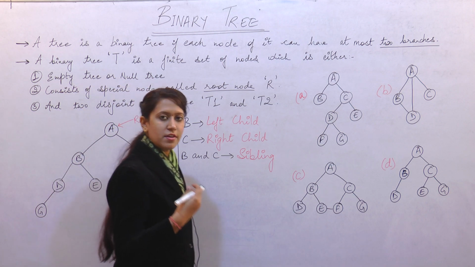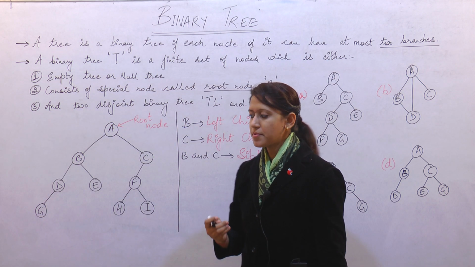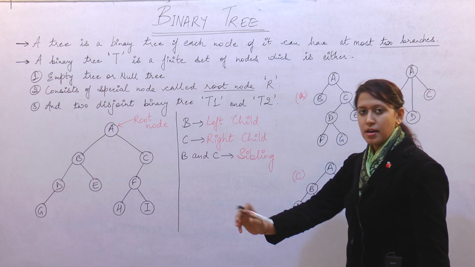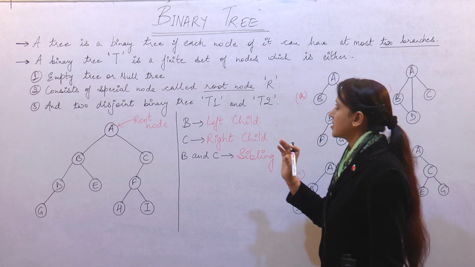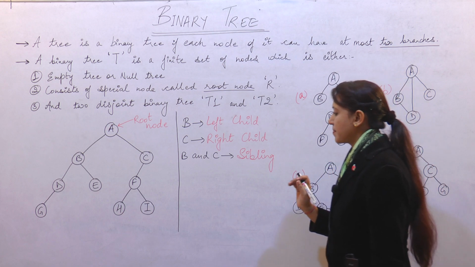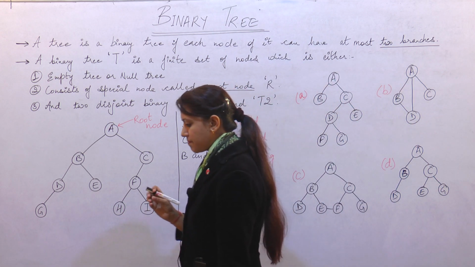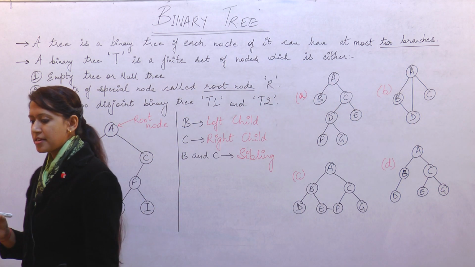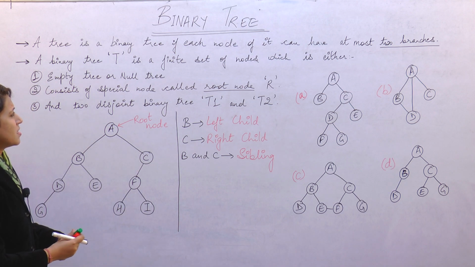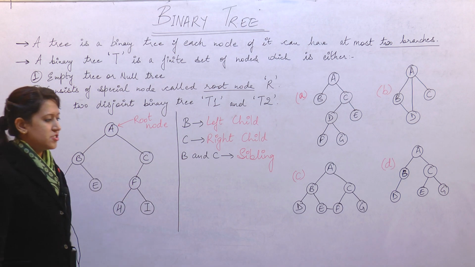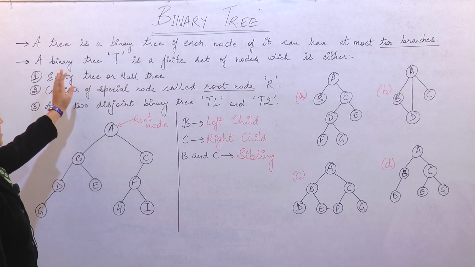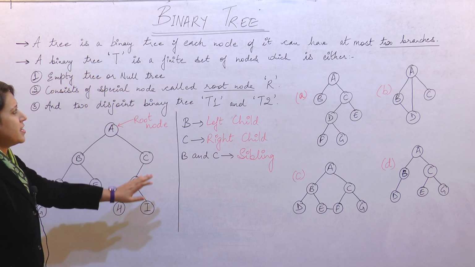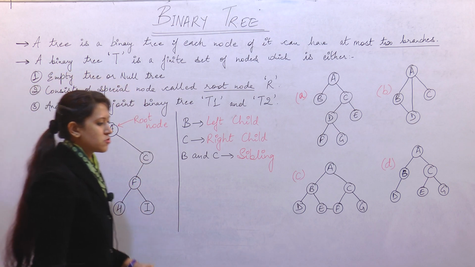Binary tree is one of the most important concepts of our main topic, tree. A binary tree is a kind of tree that has at most two branches. That is, a tree is a binary tree if each node of it can have at most two branches.